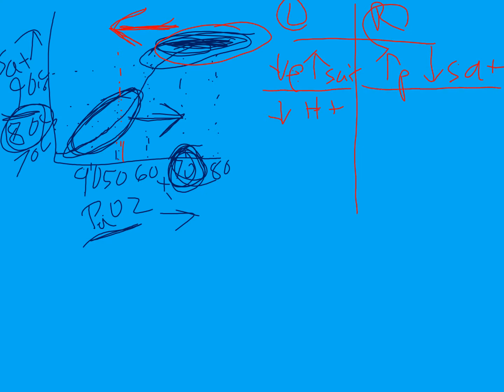In your lungs, if you have low H pluses, you also have a lower temperature, and you have a low metabolic rate, which will lower 2-3 BPG.